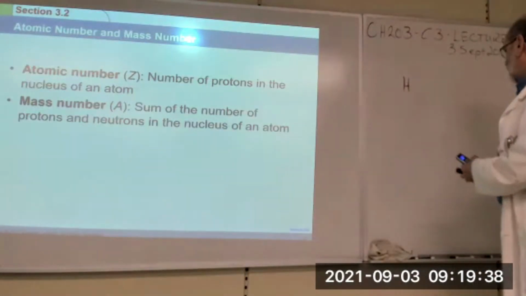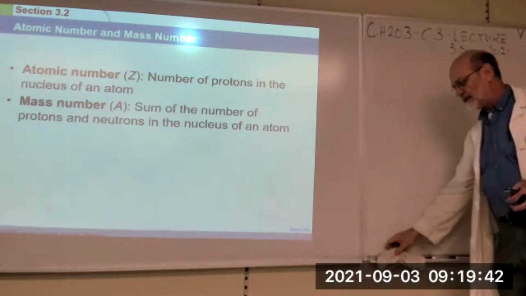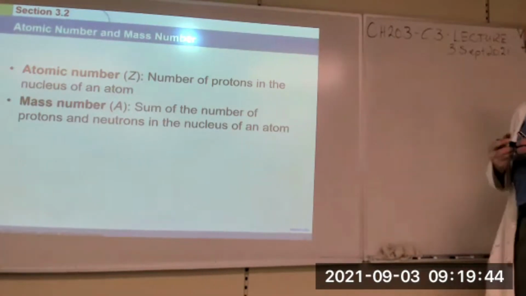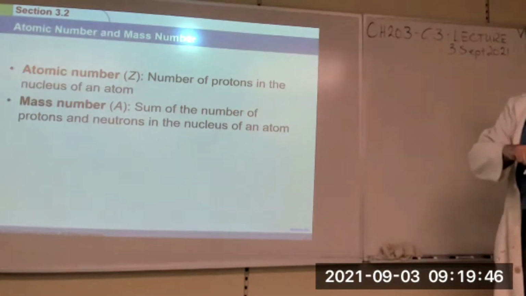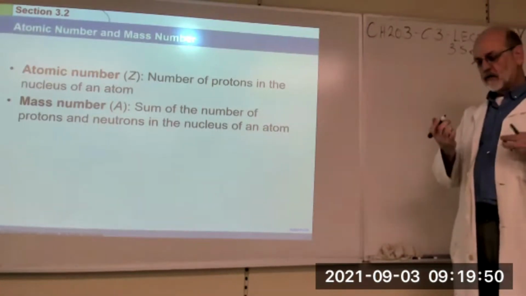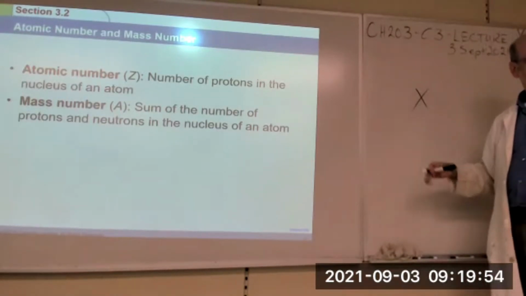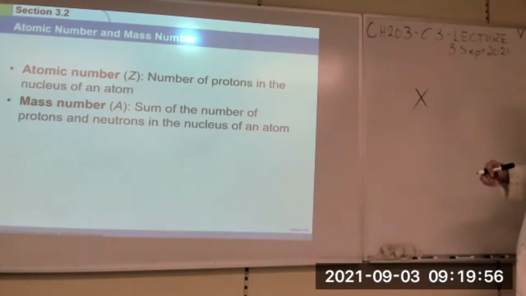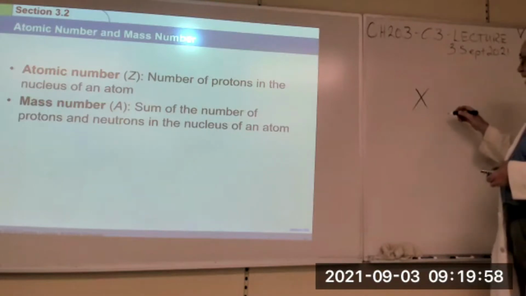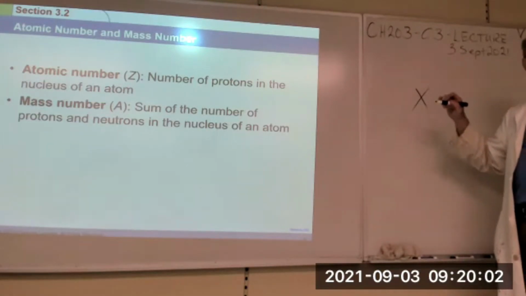Okay, so when we write the symbol for an atom, if we want to include information about the nucleus of that atom, then we write the symbol, and I'm going to use the generic X. There's no element up there with just an X. And there are 4 positions around here that are reserved for specific information.